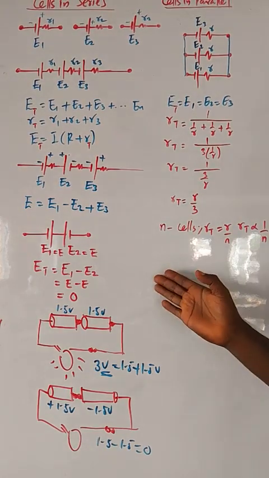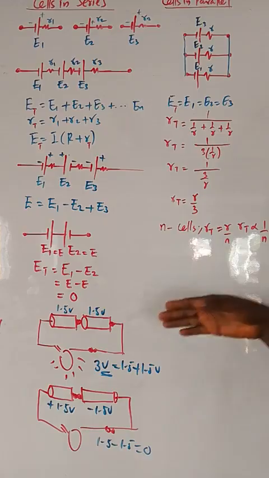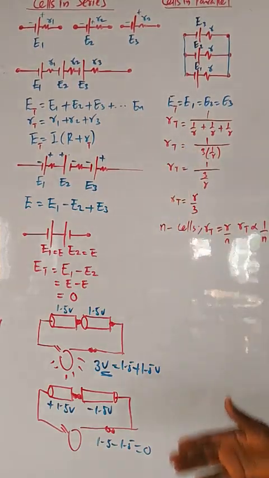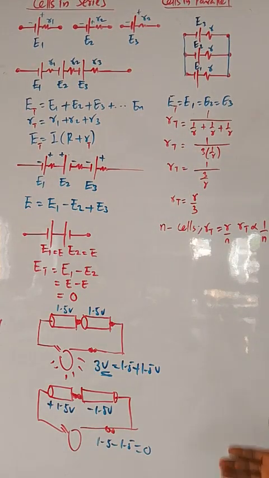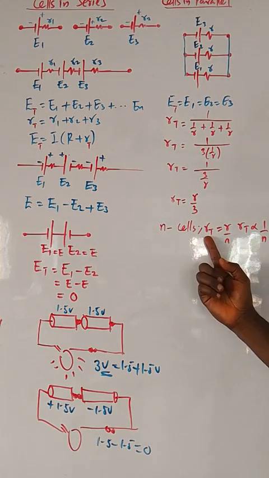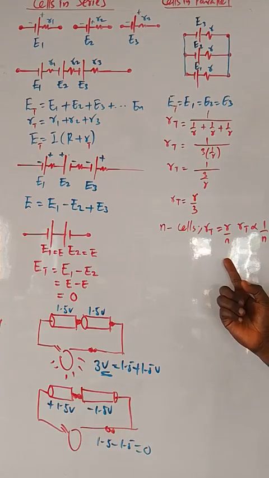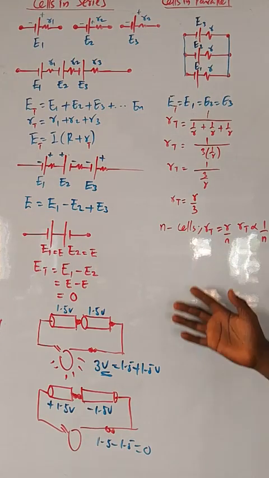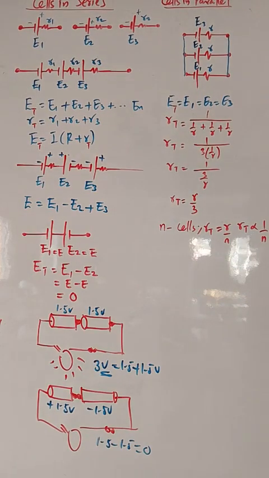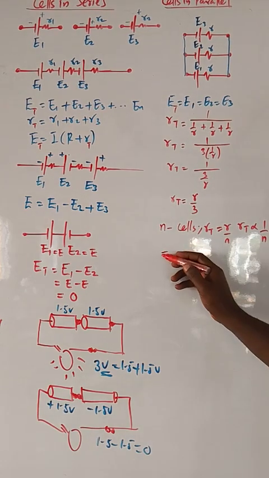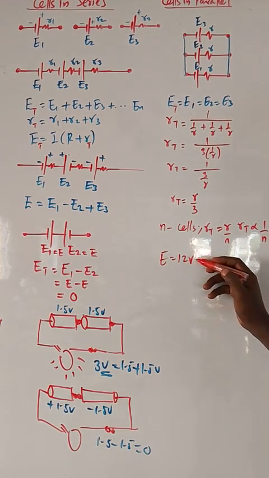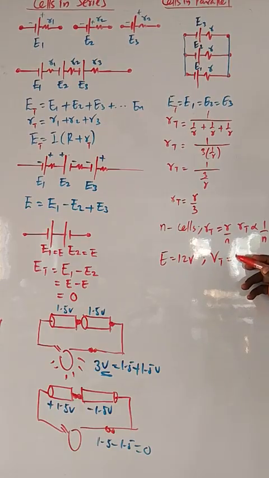If the EMF is 12 volts, it's going to supply almost 12 volts if R is nearly 0. So the advantage of cells being arranged in parallel is that the effective internal resistance will reduce, hence the efficiency will increase. What's the efficiency of a cell? A cell that is built to give out 12 volts, like the example we did, is now giving out 10 volts because 2 volts is lost.